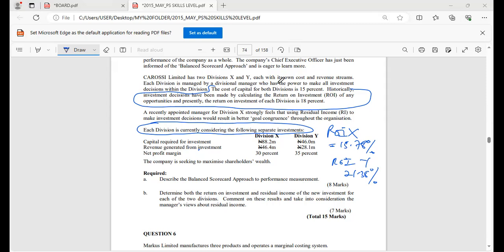If you deduct 15.78 from 18%, it is 2.22. So that's what you put there. It will result in a reduction of the division X return on investment by 2.22%.